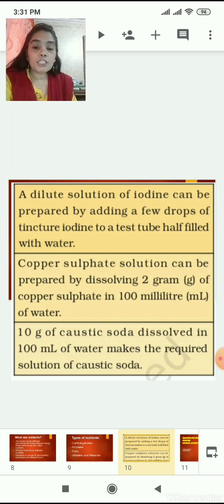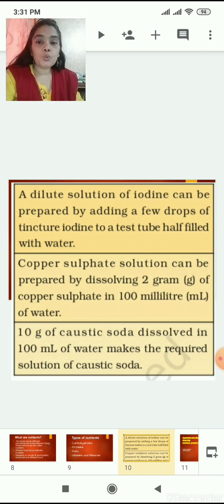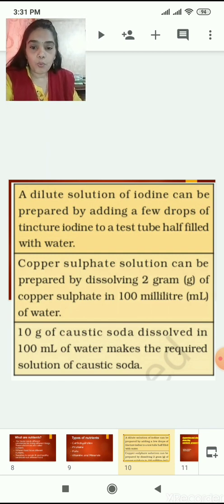And the next one is copper sulfate solution. Copper sulfate solution can be prepared by dissolving 2 grams of copper sulfate in 100 ml of water. So you need to take 100 ml of water and add only 2 grams of copper sulfate.